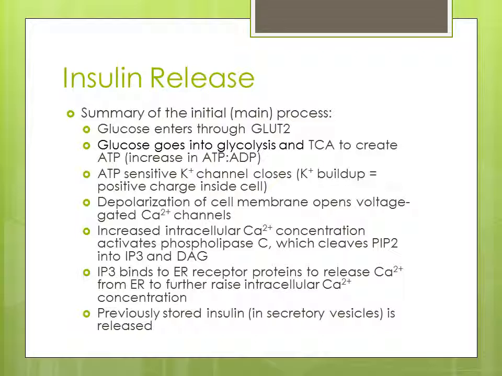The increase in ATP has a couple of effects, but mainly it inhibits ATP-sensitive potassium channels, which then depolarize the membrane, resulting in the opening of voltage-gated channels that provide localized pulses of calcium to trigger exocytosis of the preformed insulin vesicles.